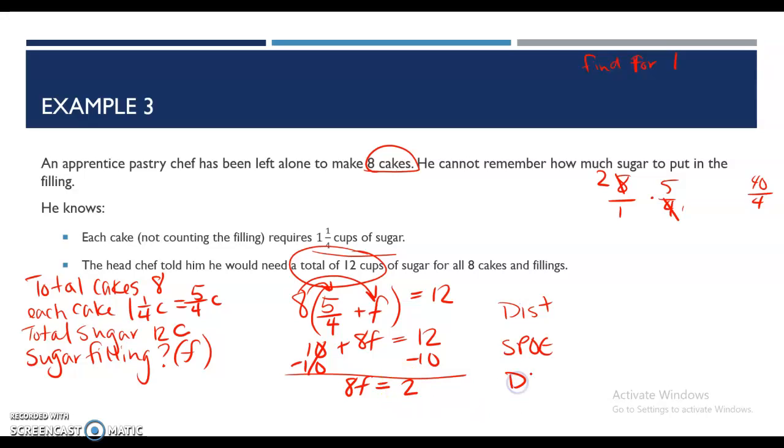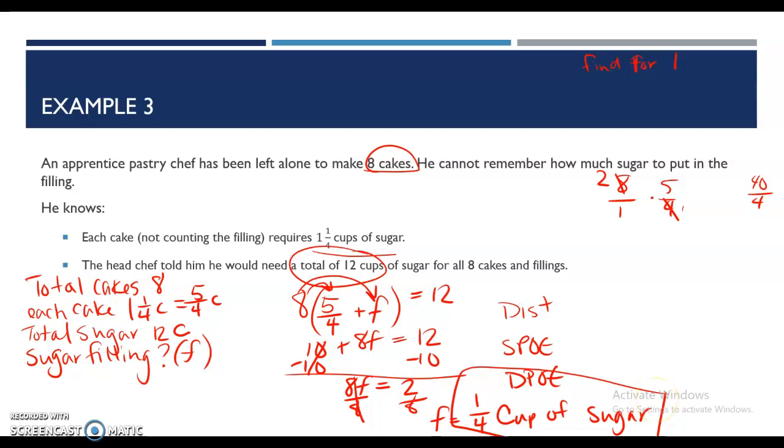Then we're going to do our division property of equality, and we're going to divide both sides by 8. 8 does not divide into 2 equally, but 2 goes into both 2 and 8, so we're left with 1/4, because 2 divided by 2 is 1 and 8 divided by 2 is 4. So we have 1/4 cup of sugar goes into the filling.